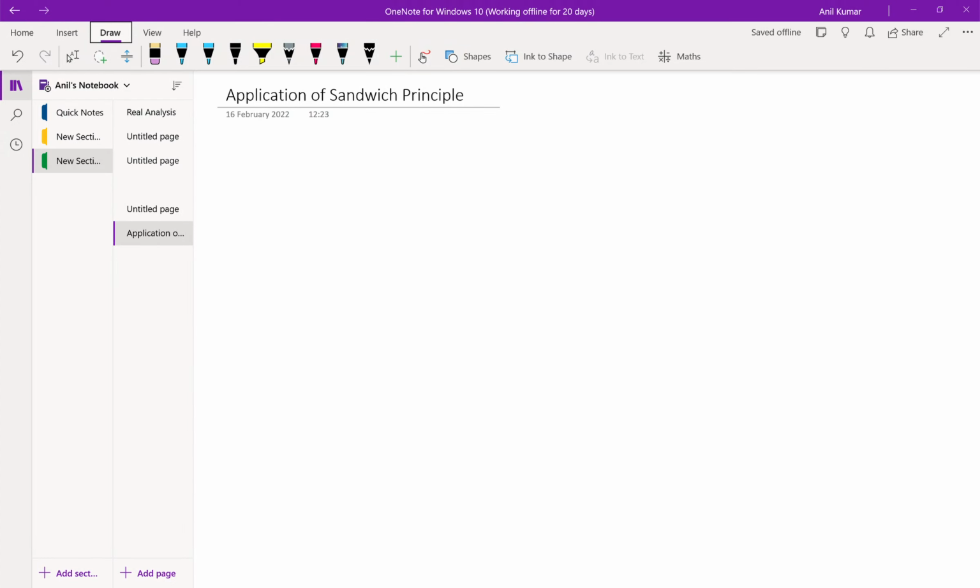Dear students, in today's class, we are going to discuss an application of the sandwich principle, which is to prove that the limit of the sequence a raised to the power 1 by n as n tends to infinity.